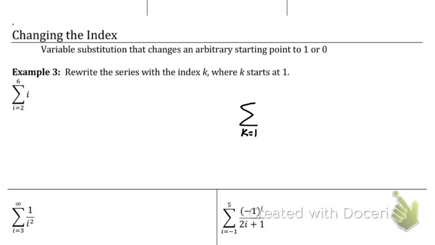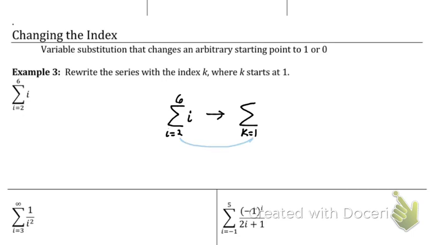But let's think about what that entails. If I want k equals 1, so we are going from, let's write this down, i equals 2 all the way to 6, and I need it to become k equals 1. So the first thing I'm going to notice is my index.